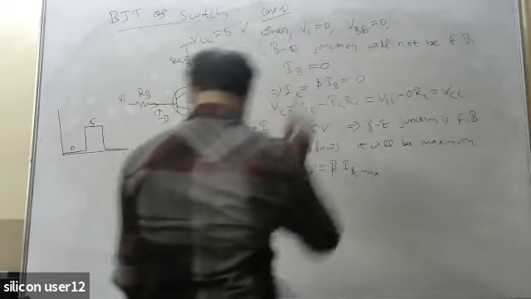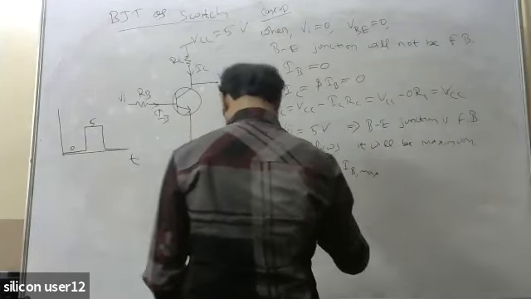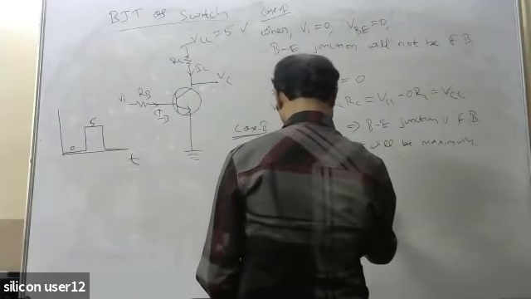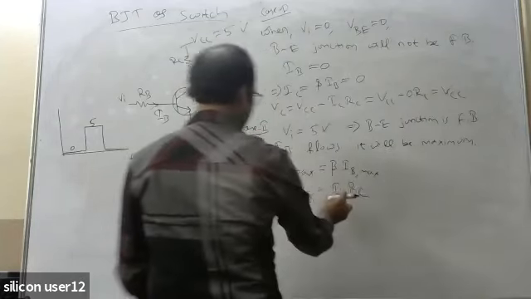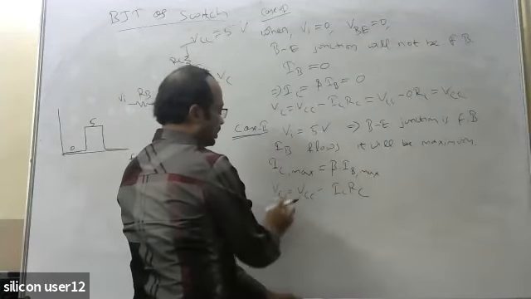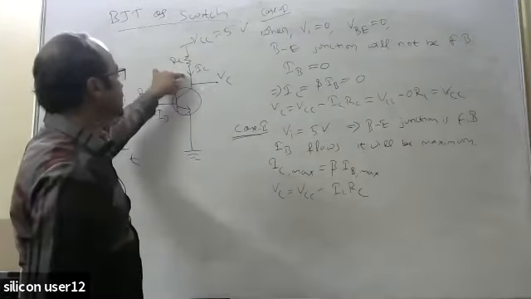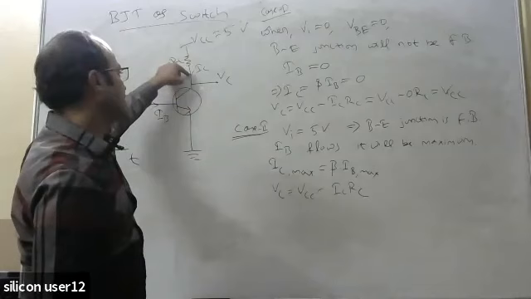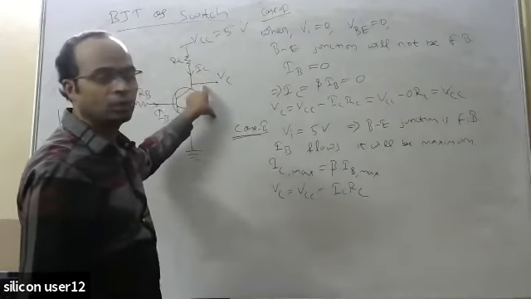Then your VC will be equal to VCC minus IC RC. I want to find out how much the VC value will be. As I am telling, IC will be a large quantity, and I can put the maximum value of IC to find the minimum value of VC.